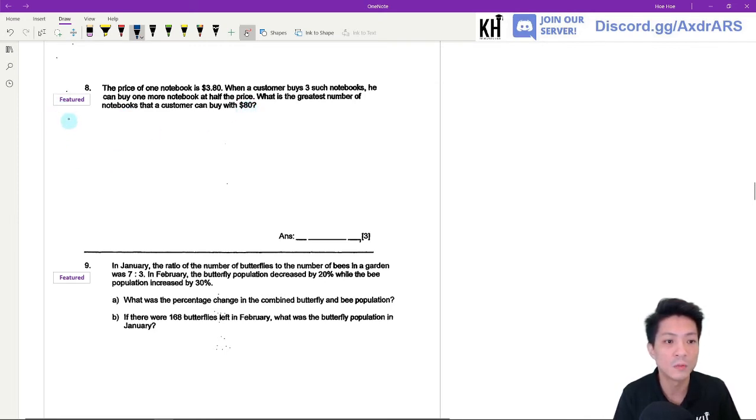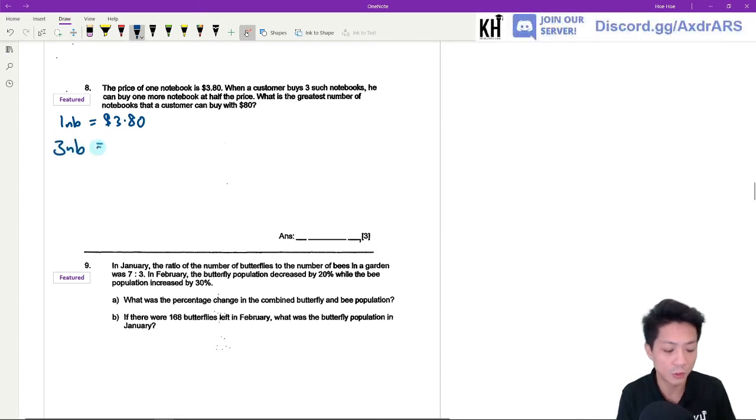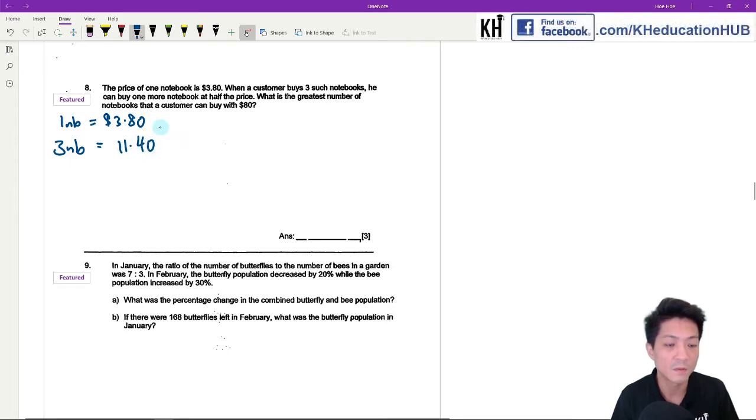So one notebook is $3.80. 3 notebooks is equal to 380 times 3, which is $11.40. Then you can buy one more notebook at half the price, which means basically 4 notebooks you're paying for.